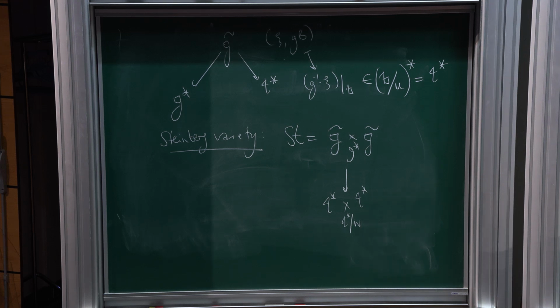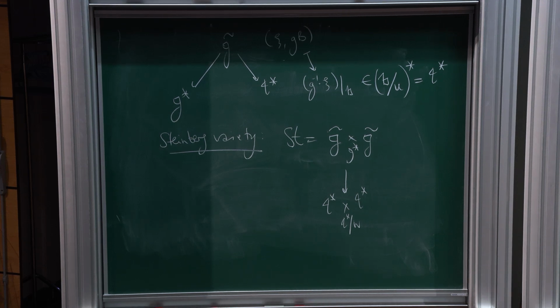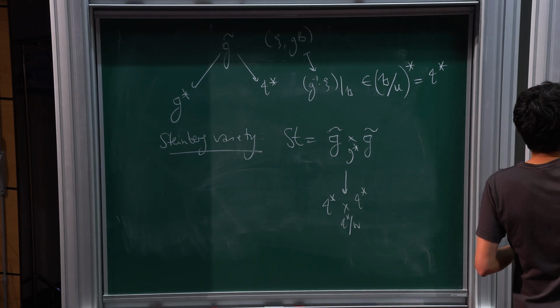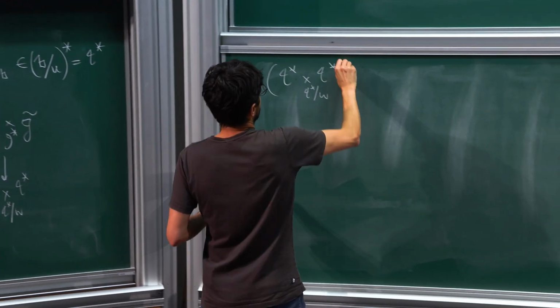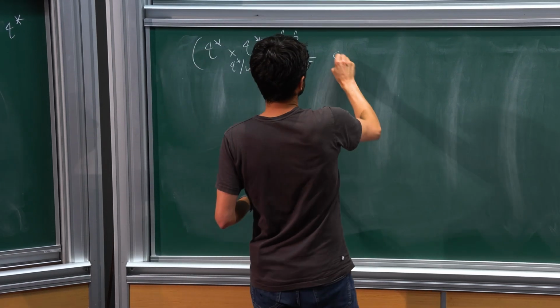And just as in the previous story, I had this thing about tensoring with some completions of the center, and in geometry, I have a similar phenomenon that I need to consider, a completion of this. So I will denote by T star cross T star over T star mod W, 0 hat 0 hat, the spectrum.